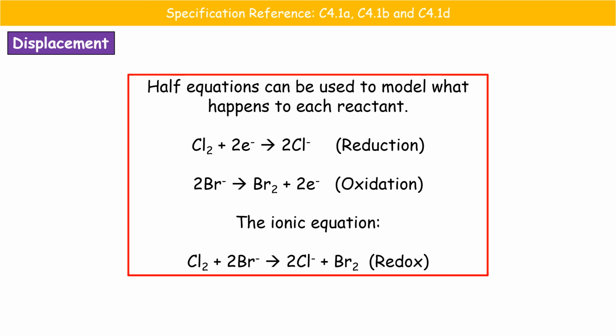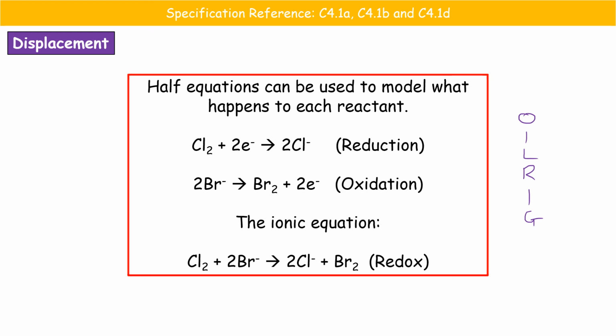We are then going to have 1 electron gained by each chlorine atom, so we need 2 electrons, and we're going to make 2 chloride ions, Cl-. Because they are gaining an electron, then we have got a reduction. Remember OIL RIG, reduction is the gain of electrons.